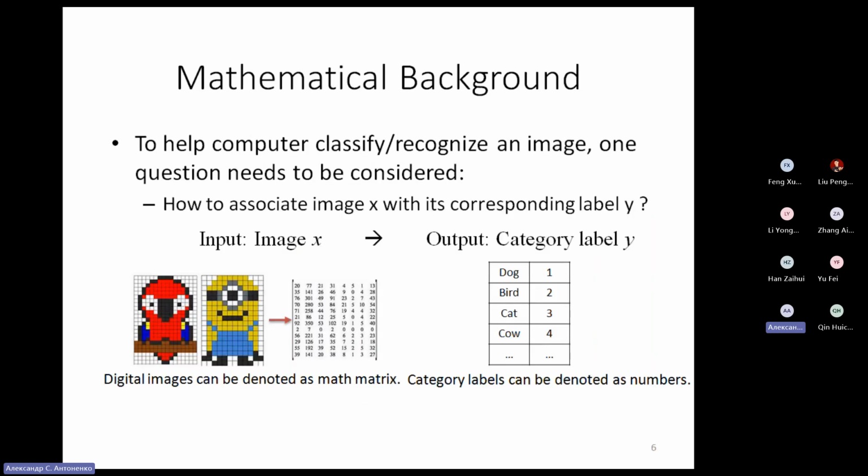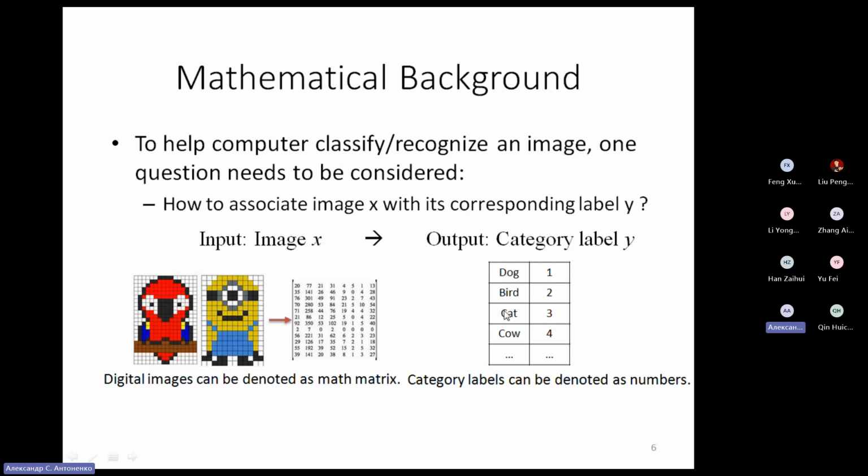So let's formulate it mathematically. We need to associate some label Y with some image X. So our input is an image, represented as a matrix of pixels, and our output is a category label.